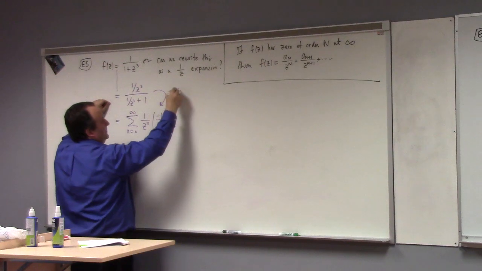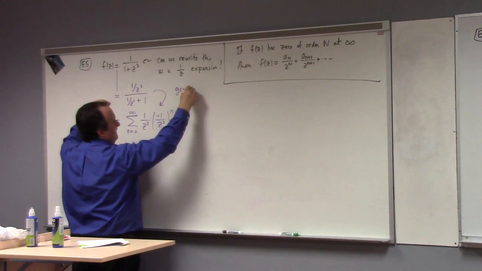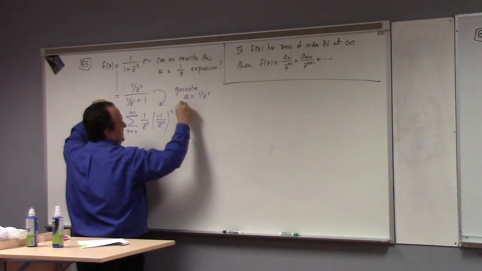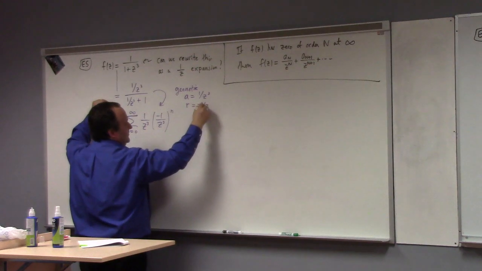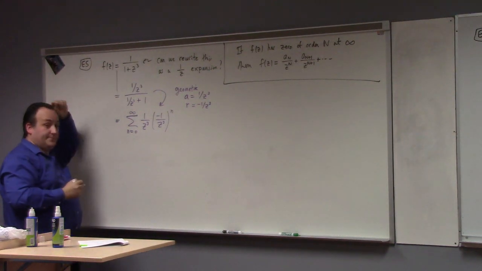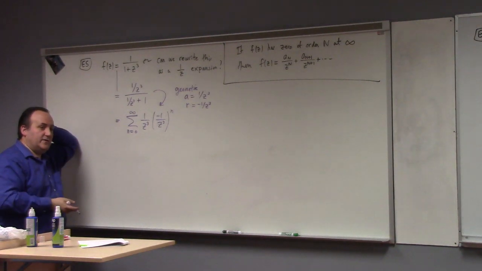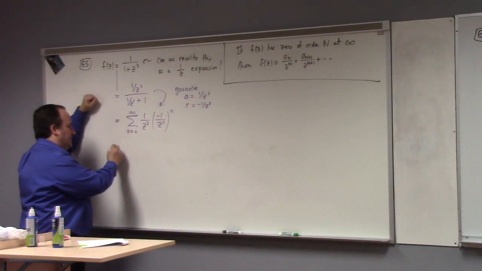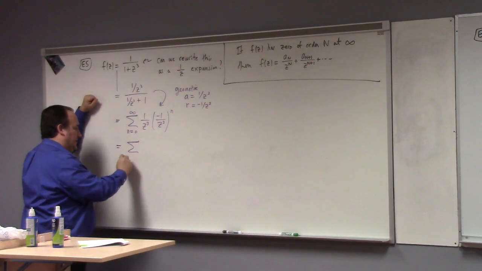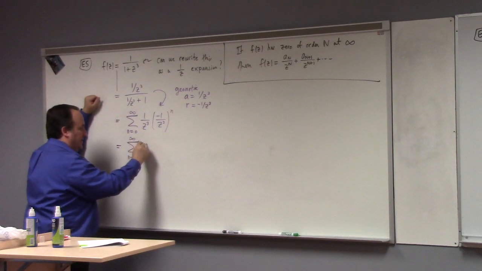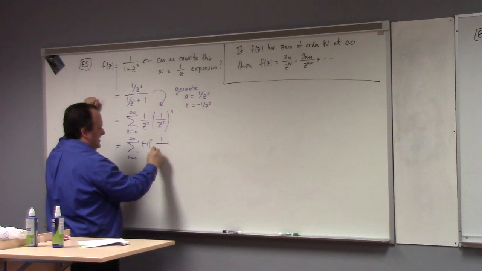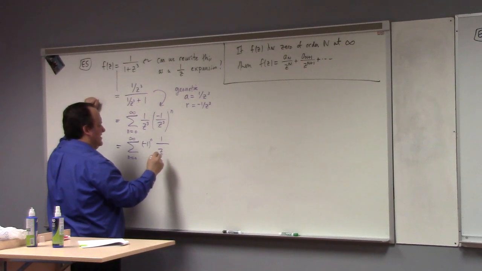So I'm going geometric series, a equals 1 over z cubed, and the ratio is minus 1 over z cubed, right? Because we're always trying to match the a over 1 minus r pattern, right? So, hey, checked out. So we've got the sum n equals 0 to infinity of minus 1 to the n, 1 over z to the what? 3n plus 3, I think.